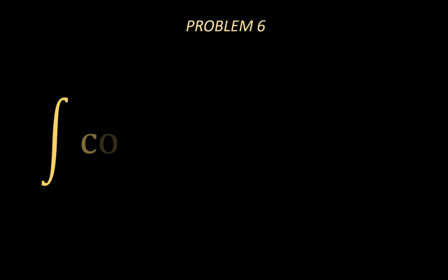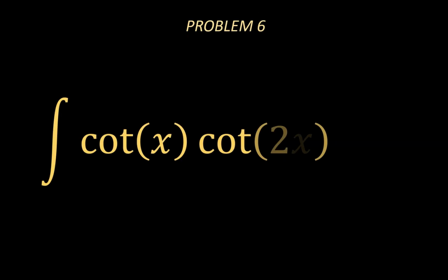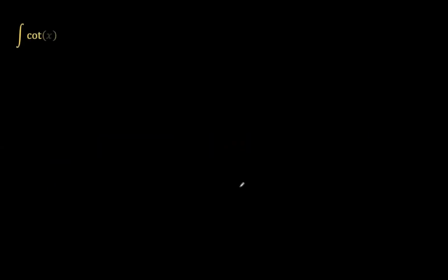So problem number 6 is the indefinite integral of cot x times cot of 2x. This problem is interesting. First thing that a person would do is express the cotangent functions, cotangent x and cotangent 2x, in form of sine x, cosine x, sine 2x, cosine 2x respectively.